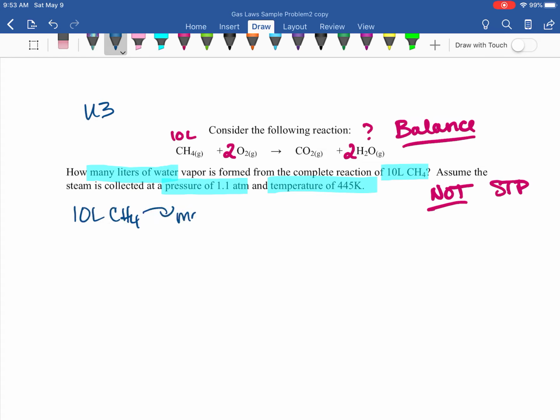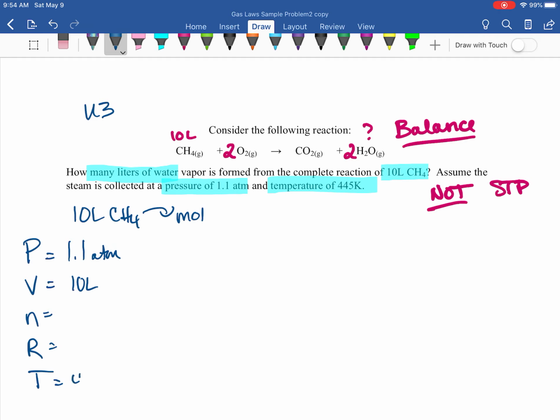All right, so what is our goal? We've got 10 liters of methane, but what we need is moles. So let's start to spell out what we know. And let's hope we're just missing moles. All right, so we are looking at 10 liters of methane.